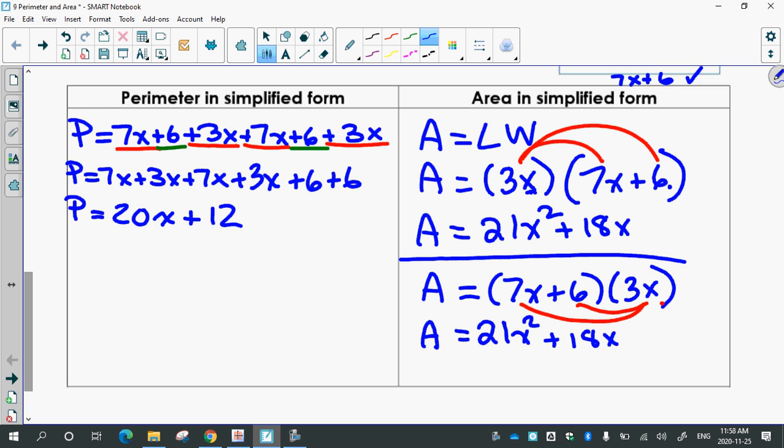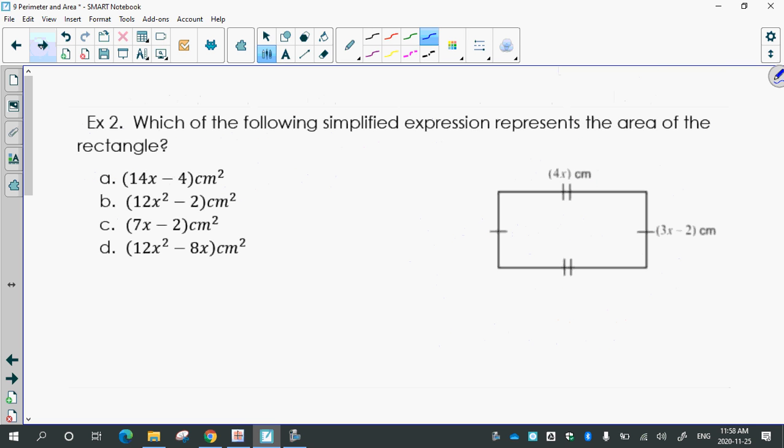Okay, turn the page. We have an EQAO question here. It's kind of blurry because I just snipped the picture right off the EQAO website, but this says 4x on this side, and this is 3x minus 2, and they're telling you that the measures are centimeters. I'm going to let you all try.